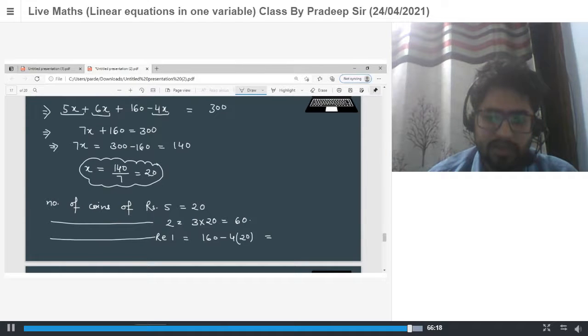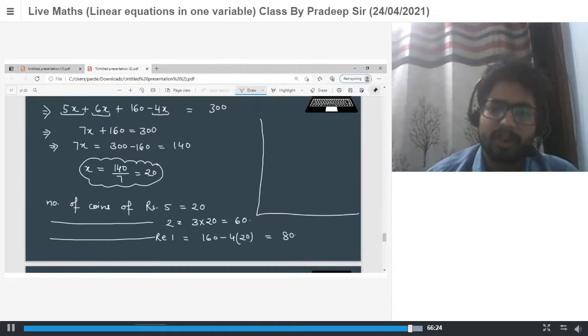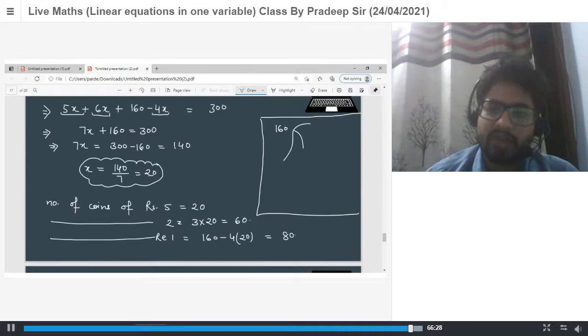So we have a total of 160 coins and they are of three types: 20 of rupees 5, 60 of rupees 2 and 80 of rupee 1.